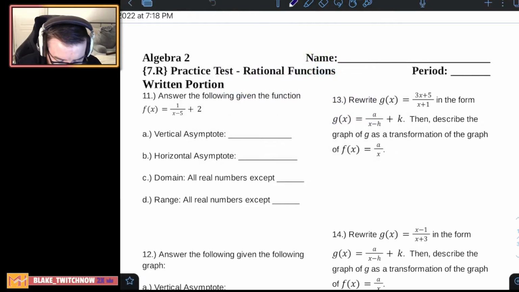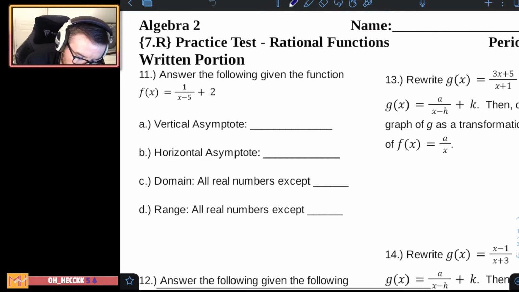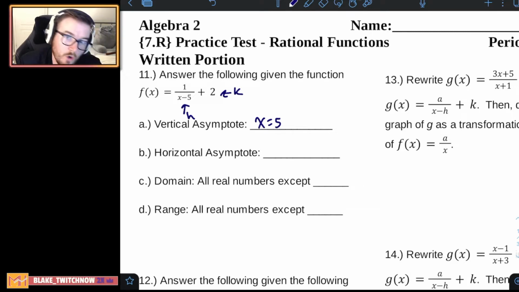Answer the following given the function. You could very easily plot this in Desmos, but truly we should just look at this and realize h is -5, moving us right 5, which is our vertical asymptote, and this k value is our horizontal asymptote, moving us up 2. Domain and range are directly affected by those asymptotes.